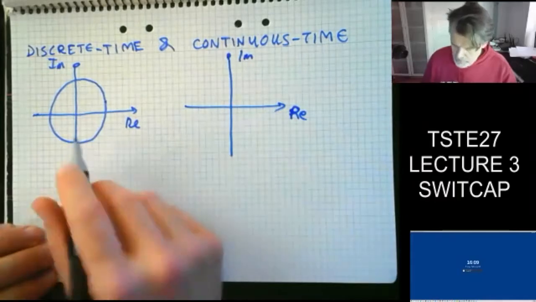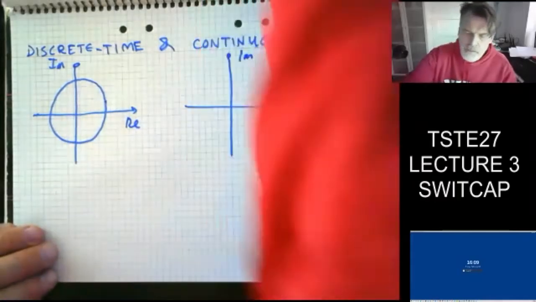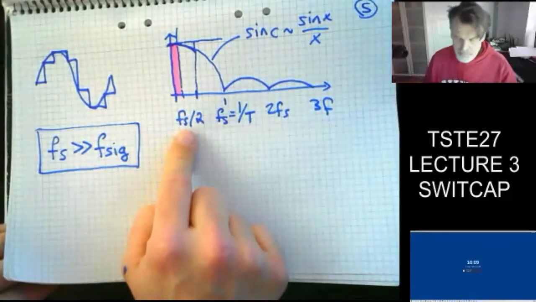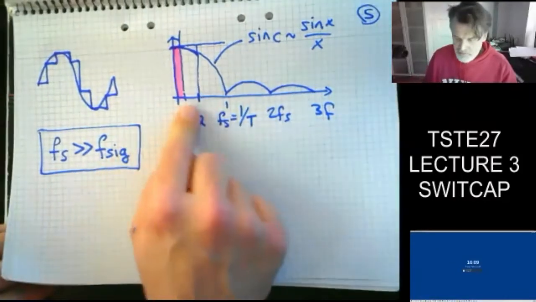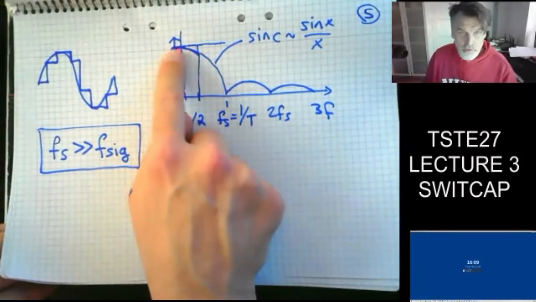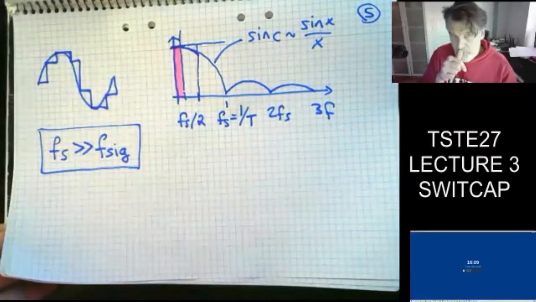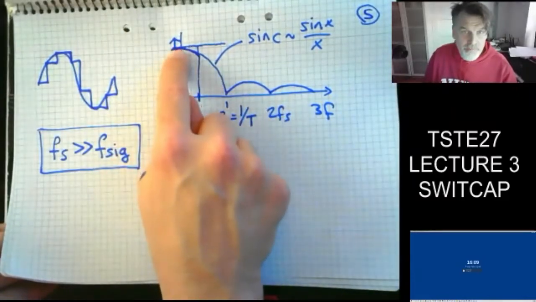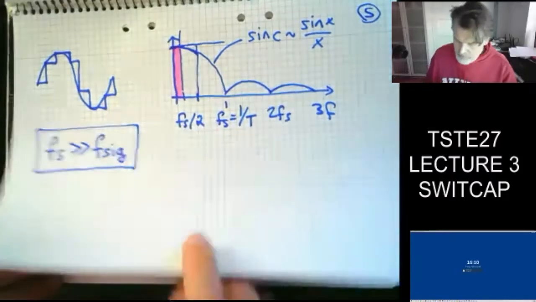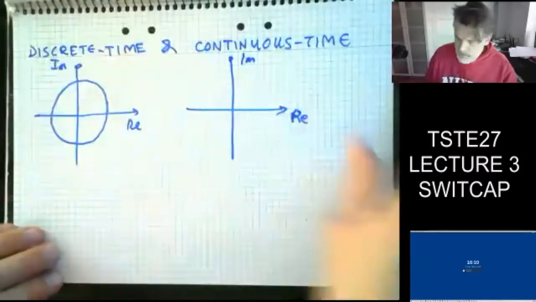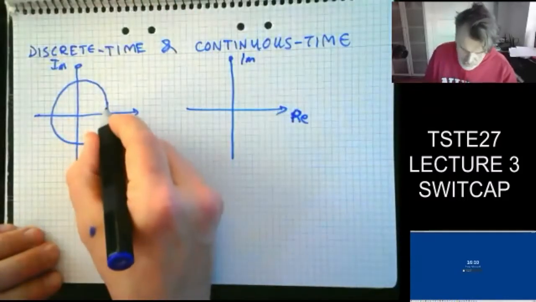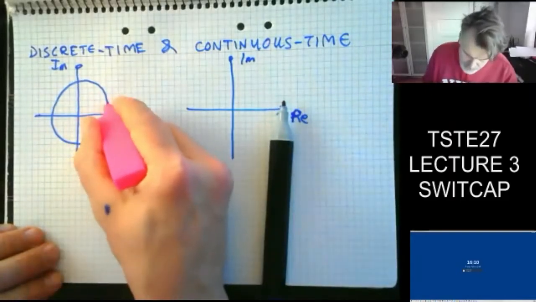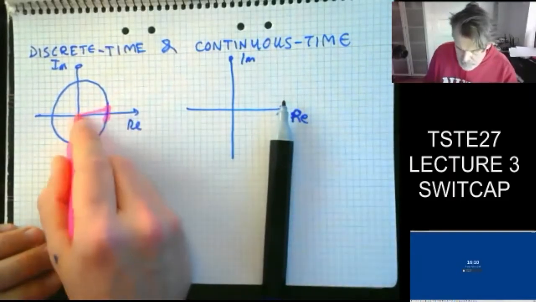But remember, we did require that the sample frequency has to be much, much higher than the signal frequency in order to avoid this distortion due to the sinc of the sample and hold, which means that we already know that we have a quite narrow gap of frequency here compared to the signal, which means that if I look at my unit circle, I'm sort of only operating in a quite narrow angle here, like this.